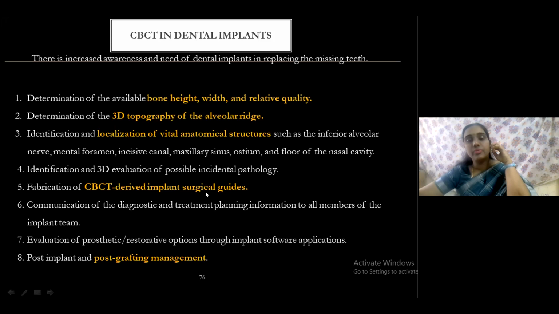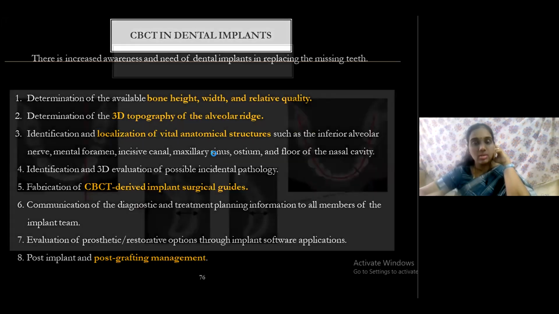It is also very useful in CBCT-derived guided implant surgeries, and it is also helpful for assessing the graft. In case you're placing a graft, it helps in assessing whether the graft is accepted, what the development is, and all these things.